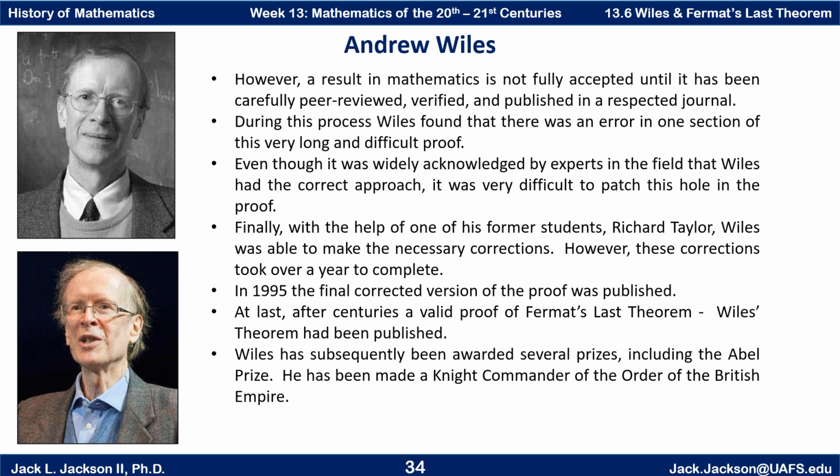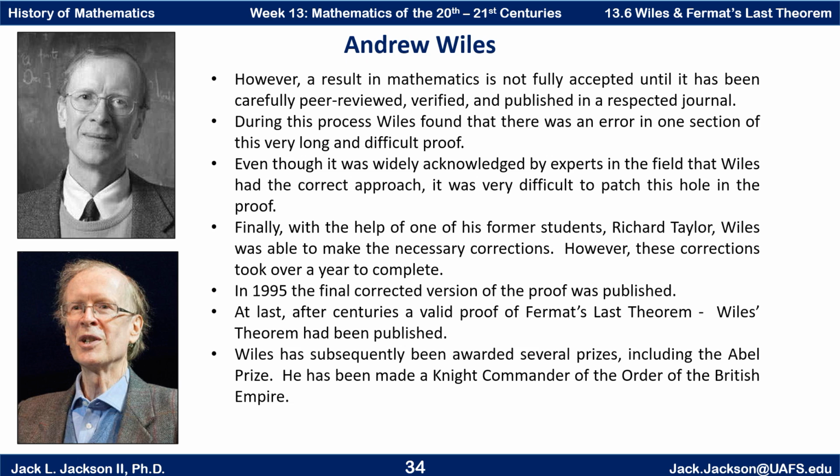But finally, he enlisted the help of one of his former students, Richard Taylor, and together they were able to make the necessary corrections. However, these corrections took over a year to complete. In 1995, the final corrected version of the proof was finally peer-reviewed and published. At last, after centuries, a valid proof for Fermat's last theorem.